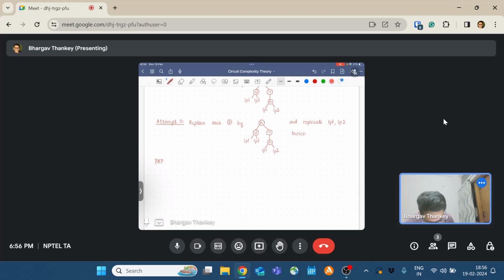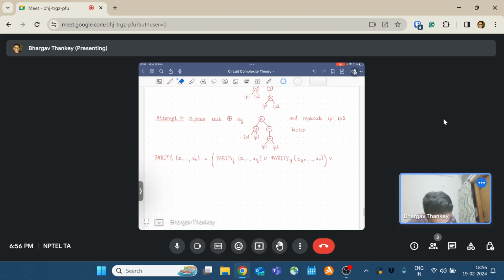So parity n will look like this: or, not of the copy.